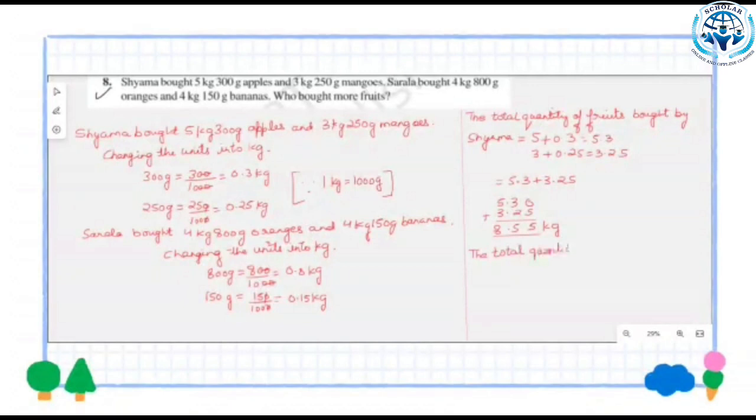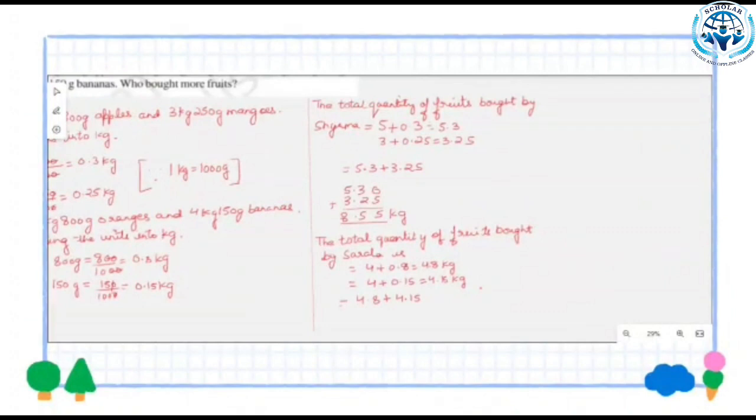Now Sarla. Four plus 0.8 is 4.8 kilogram. 4 plus 0.15 kilogram, 4.15 kilogram.